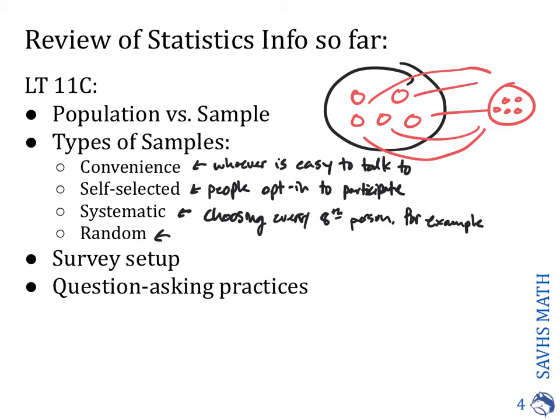So literally just somehow using a computer to randomly choose numbers or some other method to get answers for who we're going to talk to. Random sampling is typically the most effective and most accurate. It makes sure that you are getting a representative sample.